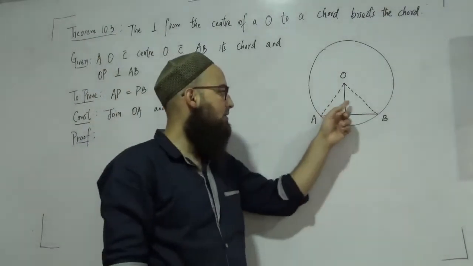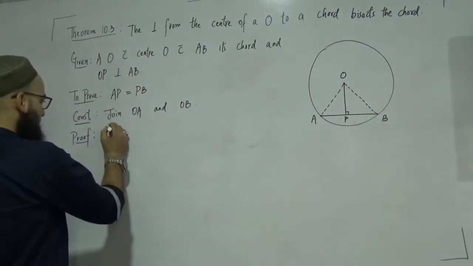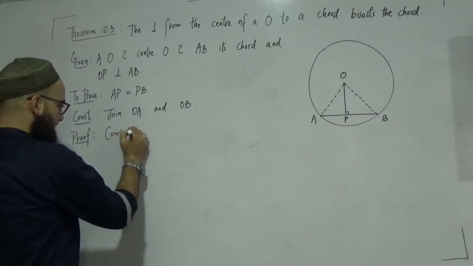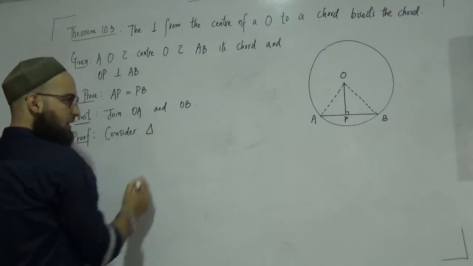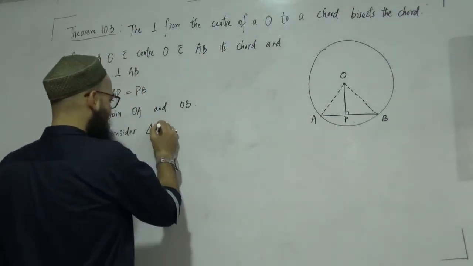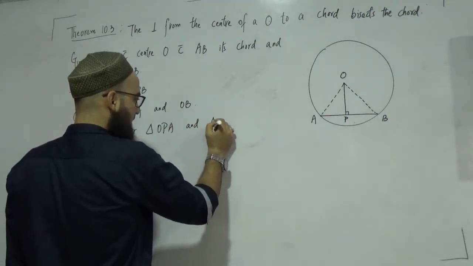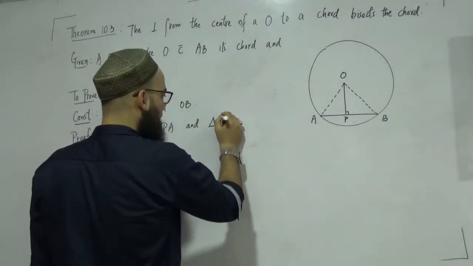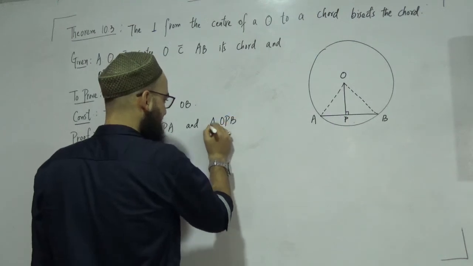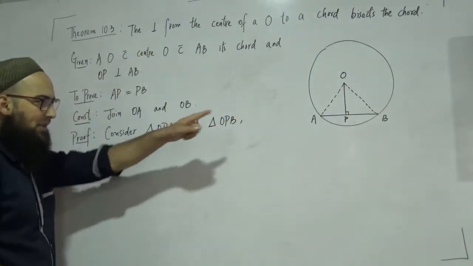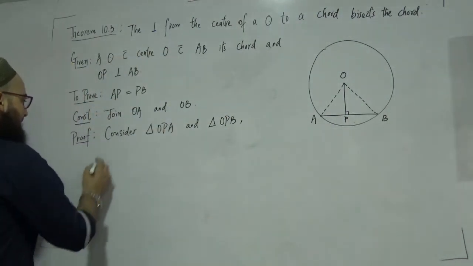Again, let us consider this triangle and this triangle. Consider triangle OPA and triangle OPB.